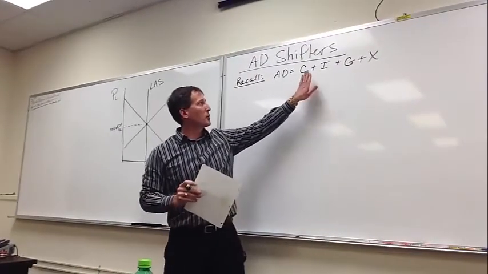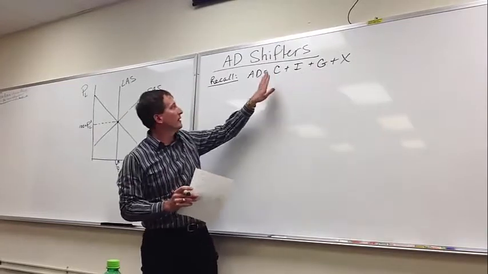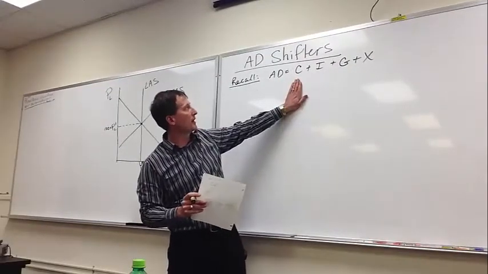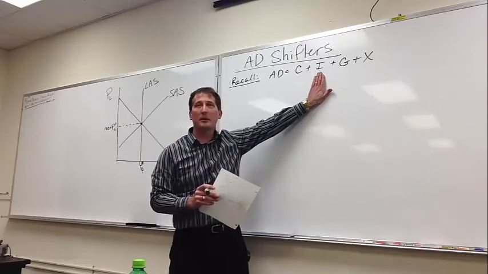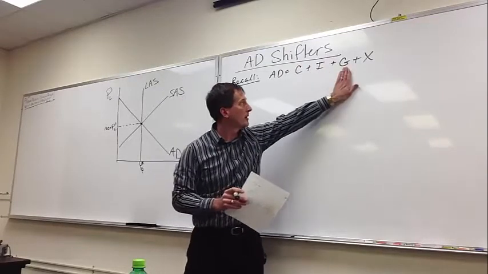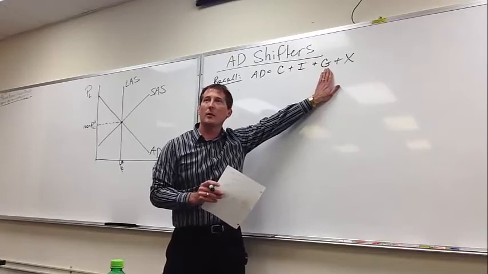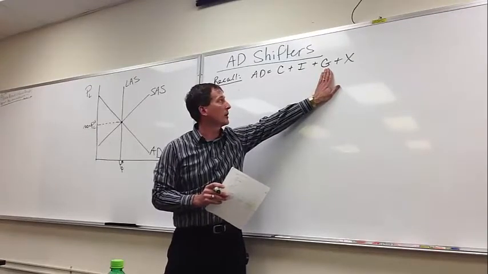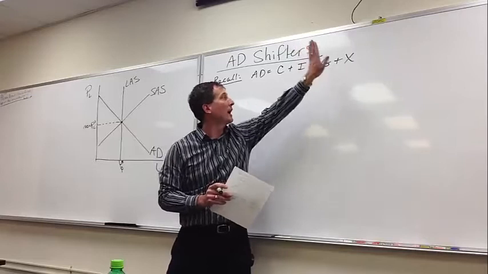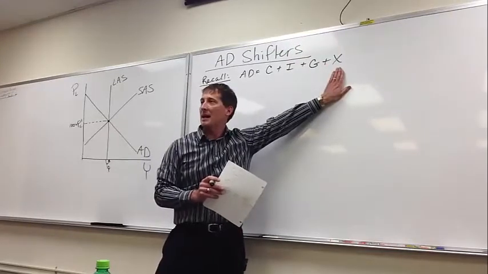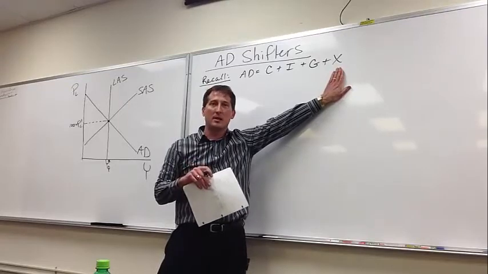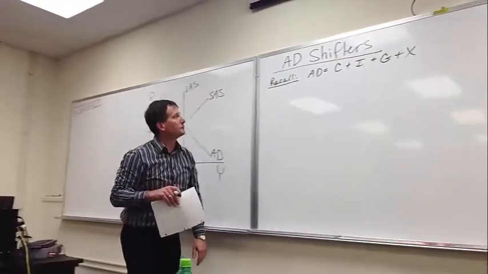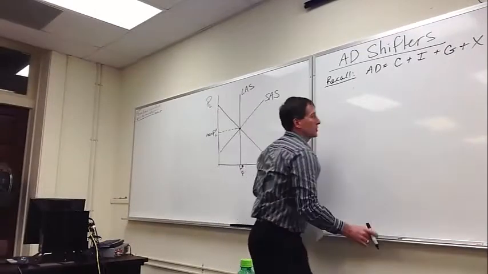With the expenditure approach, we're simply categorizing consumers and households here, investment by businesses in capital, machinery, and equipment, government purchases of weapons of mass destruction and other things, toilet paper for the White House, and net exports, the difference between what we sell to the rest of the world and what they buy from us. Okay, because that then sets up the shifters.